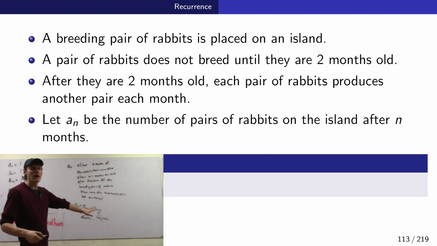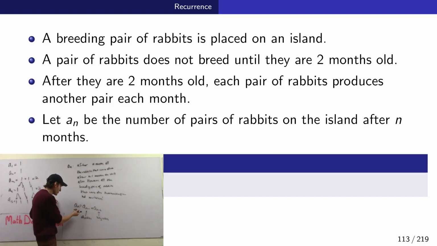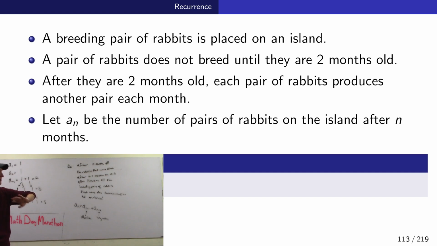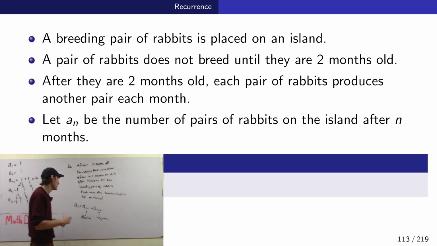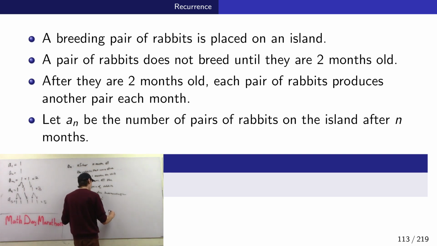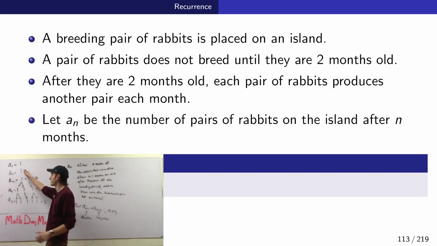Okay, so now we have a recurrence. This defines a relationship between a sub n and terms that have come before it. And we need at least 2 terms to figure this out. We need only 2 months to have gone by for us to look 2 months in the past, right? So this is true for n bigger than or equal to 3. This isn't true for the first 2 months. You'll notice that this recurrence can't go back to an a sub 0.